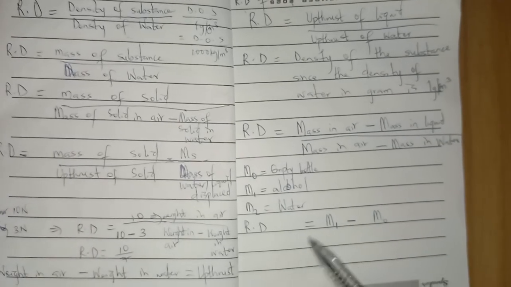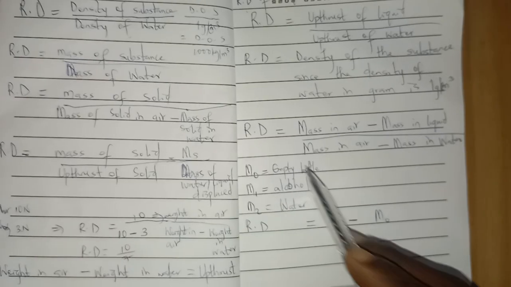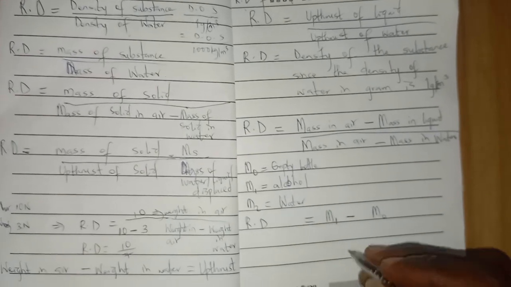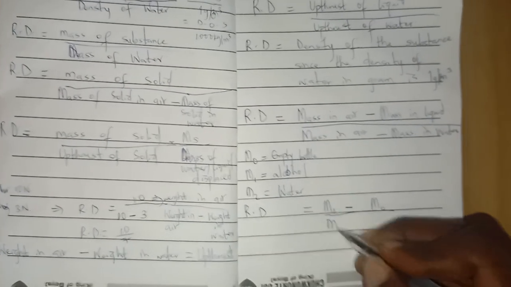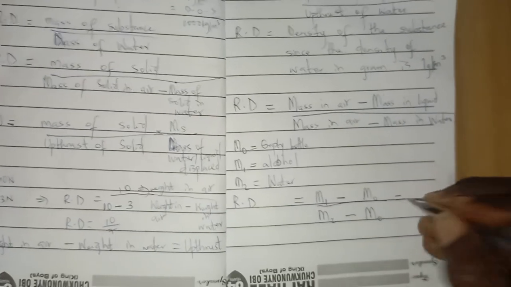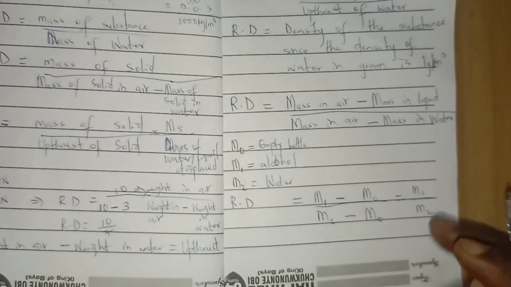By the time I do mass M1, because this alcohol is in this bottle, M1 minus M0 will give me the mass of alcohol, all over this M2 minus M0. So you see that by the time I do it now, I'm left with M1 over M2.